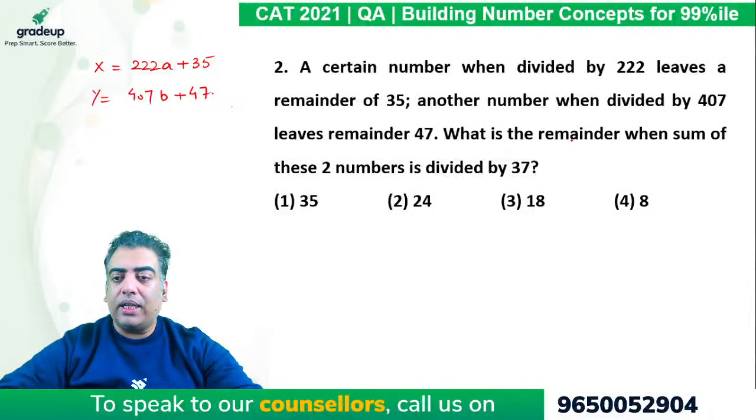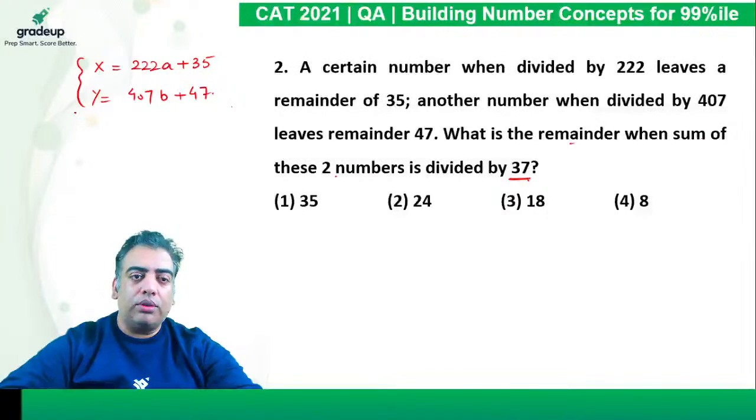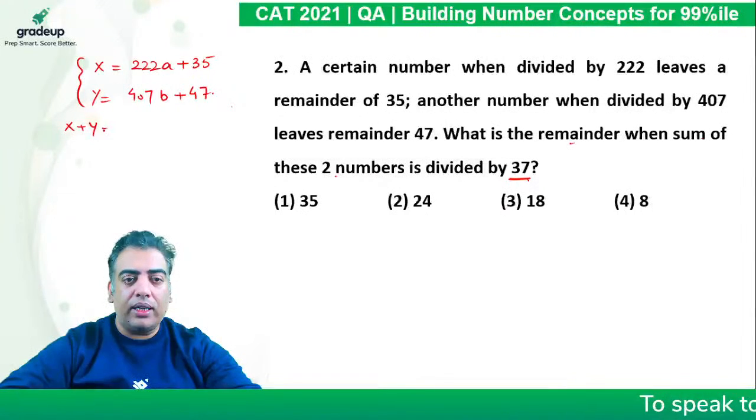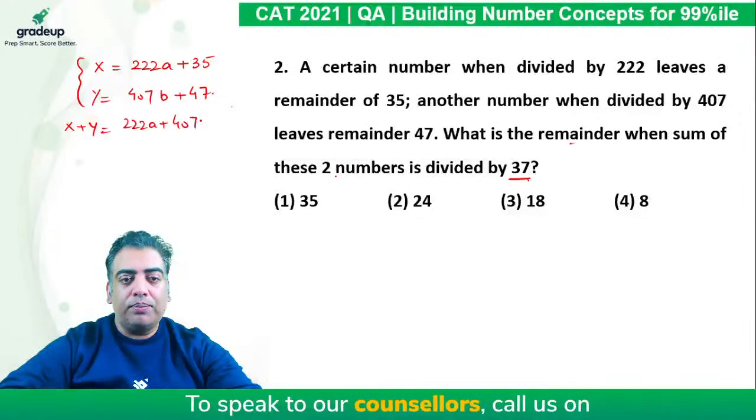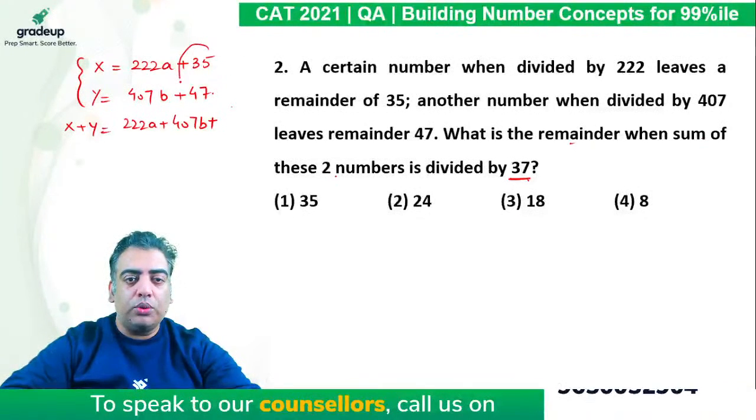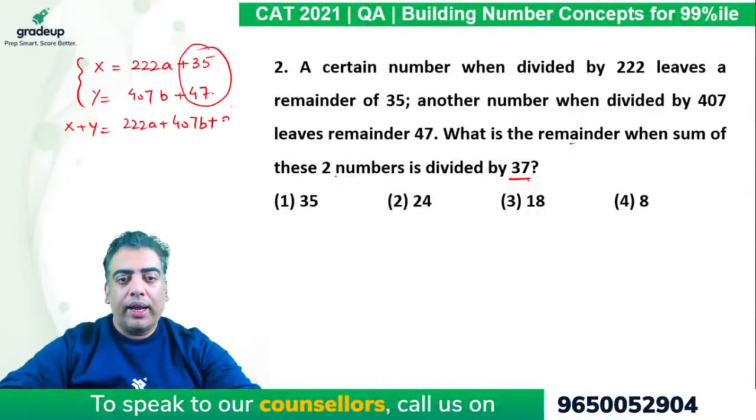He says, what is the remainder when sum of these two numbers is divided by 37? So if we add these two numbers, it gives me x plus y equal triple two a plus 407b plus sum of these two comes out to be 82.